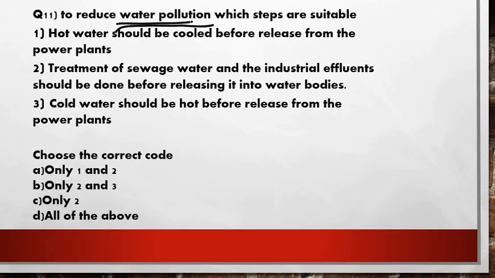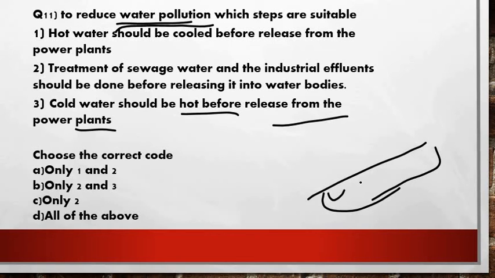So let us analyze these. First of all, we will go for statement number 3, that is cold water should be heated before releasing from the power plants. A few slides ago we discussed that when hot water enters a water body, the temperature increases.